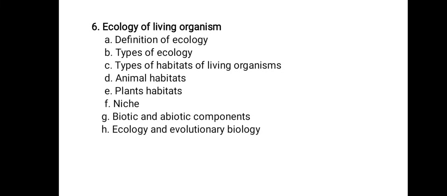And that is where we'll talk about animal habitats and plant habitats, and then the niche. And when we are done with this, we'll now talk about biotic and abiotic components. And then we'll wrap it up in Unit 6 with ecology and evolutionary biology.